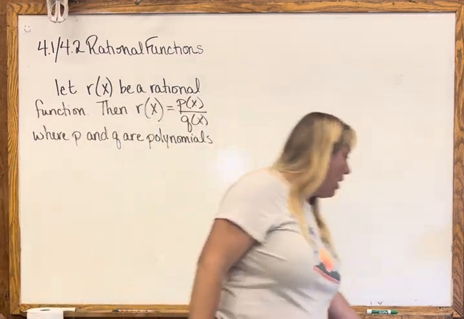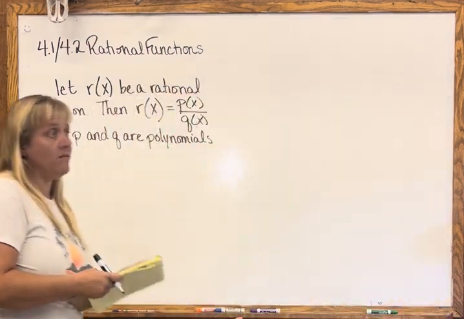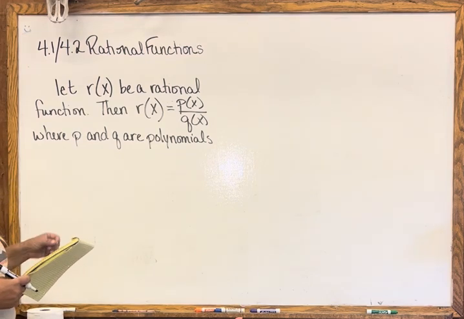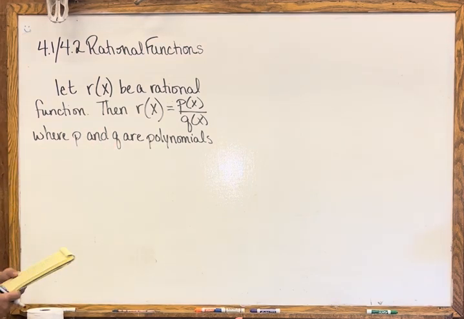So a rational function is going to be a function that has fractions in it, and basically it's going to be a function that's a polynomial divided by another polynomial.